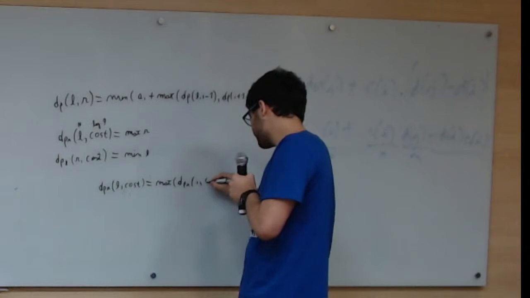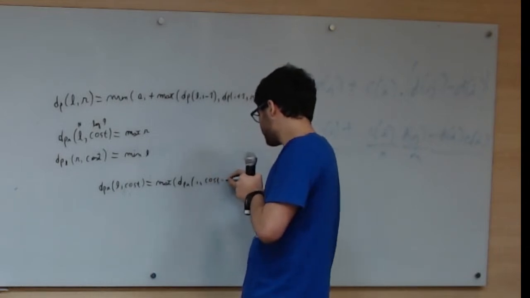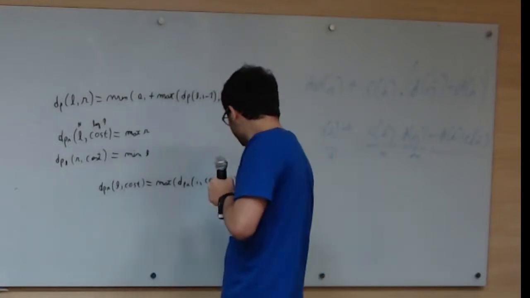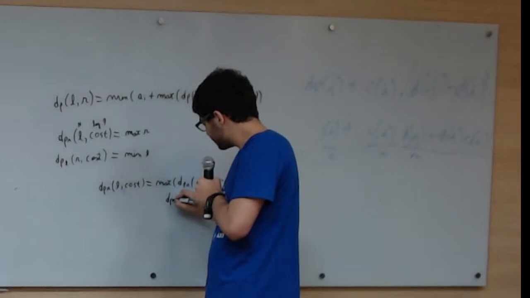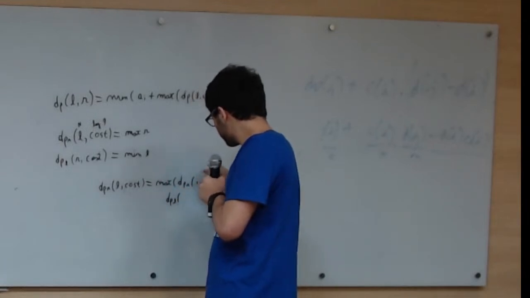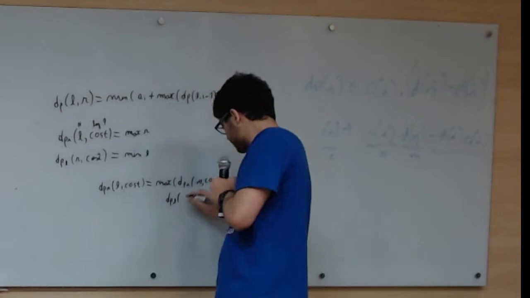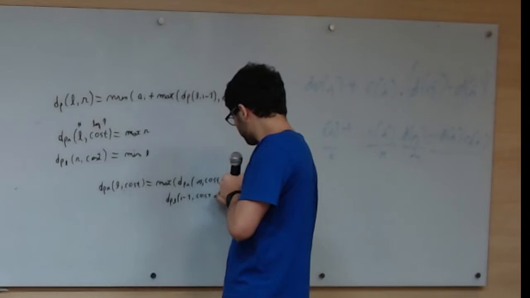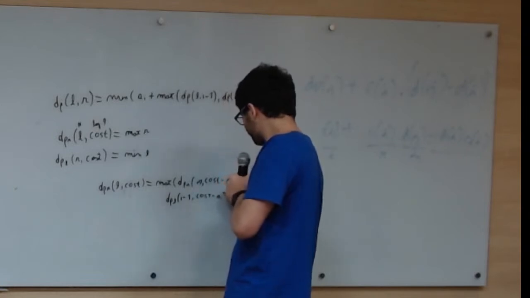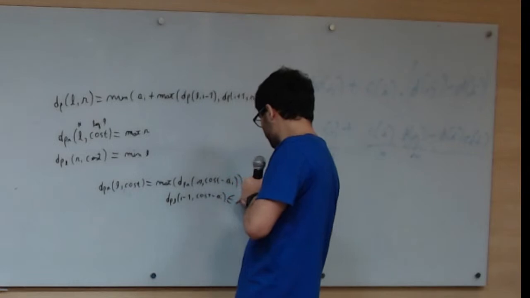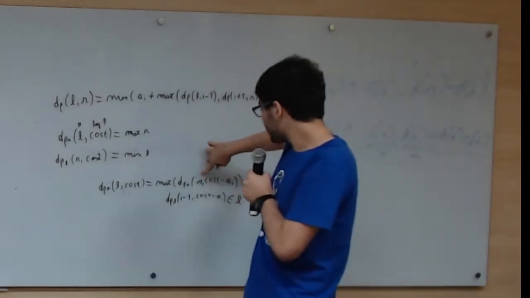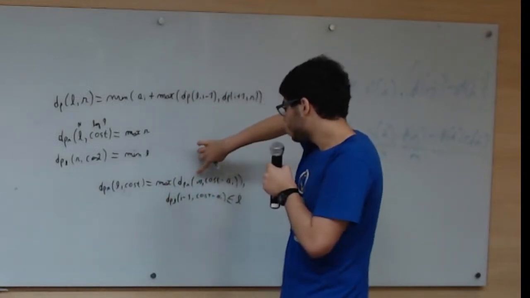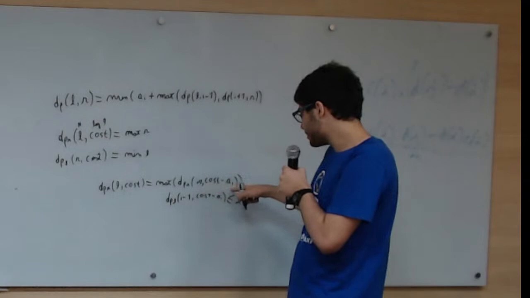So you go for every I, and DPL[cost] will be the maximum between DPR[I+1][cost - A[I]].